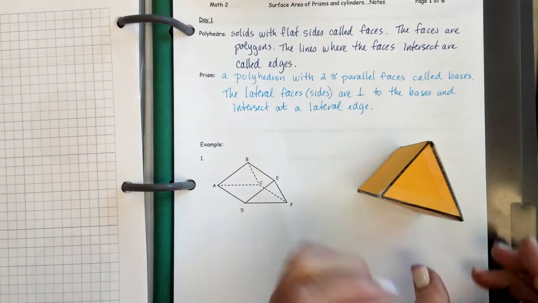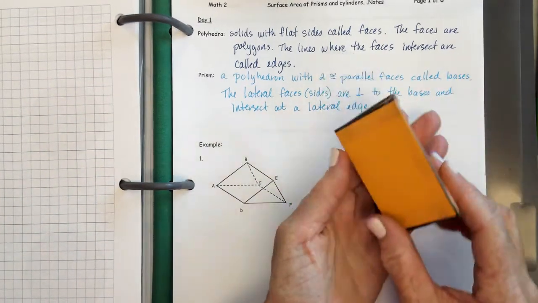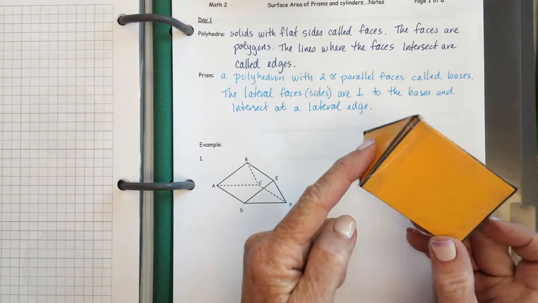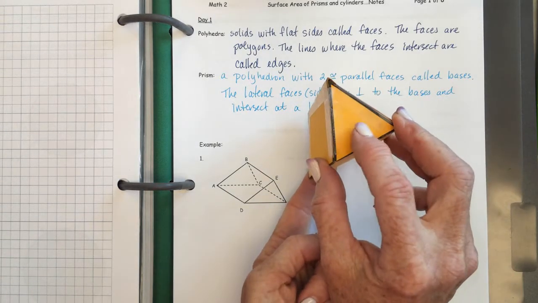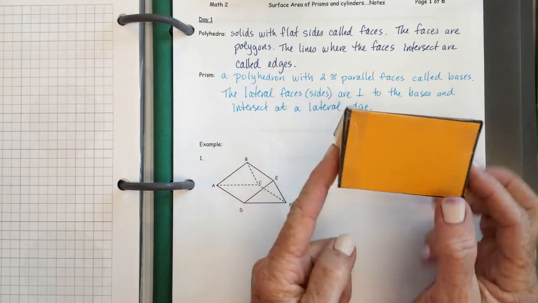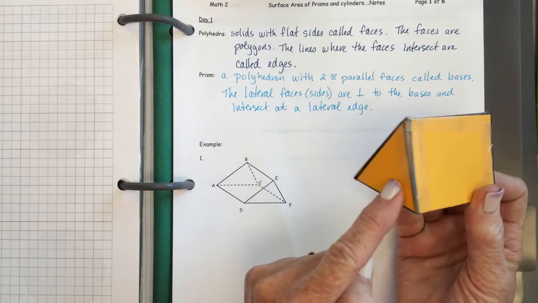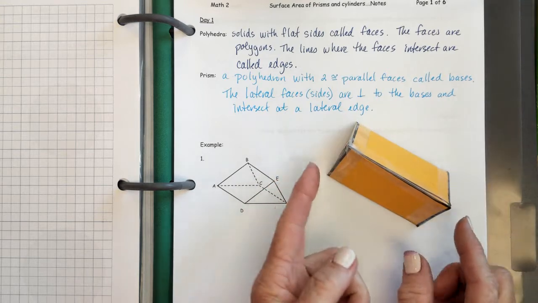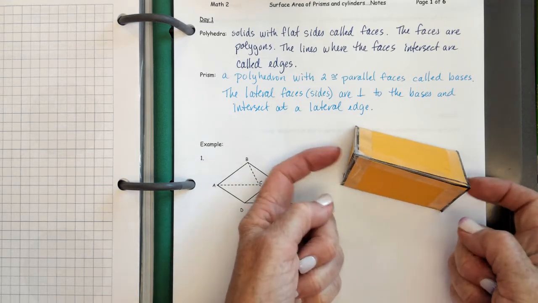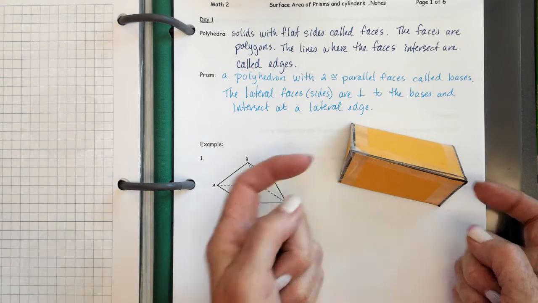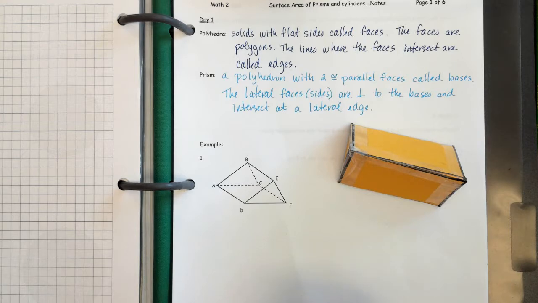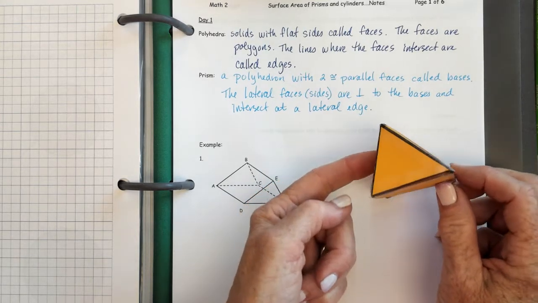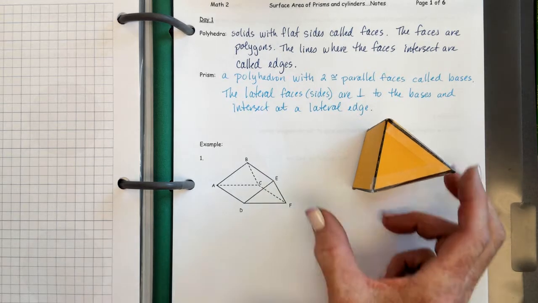So specifically, here's a prism, two parallel faces, so that face right here, parallel to this triangular face over here. So those are the bases. That triangle is a base, and that triangle is a base. If we set it like this, the triangles here are the bases. It's not sitting on a base right now. It is sitting on a lateral face. So if we turn it so it's sitting on its base, then we're looking at this.